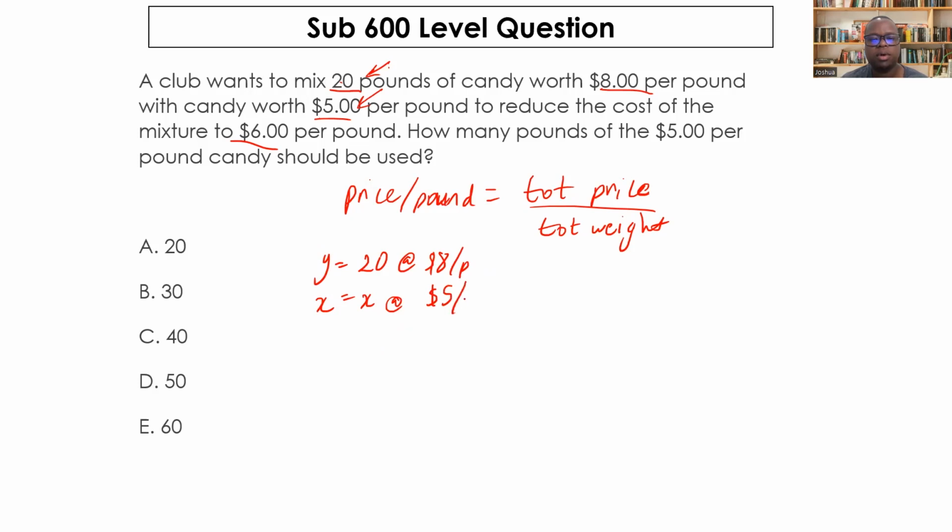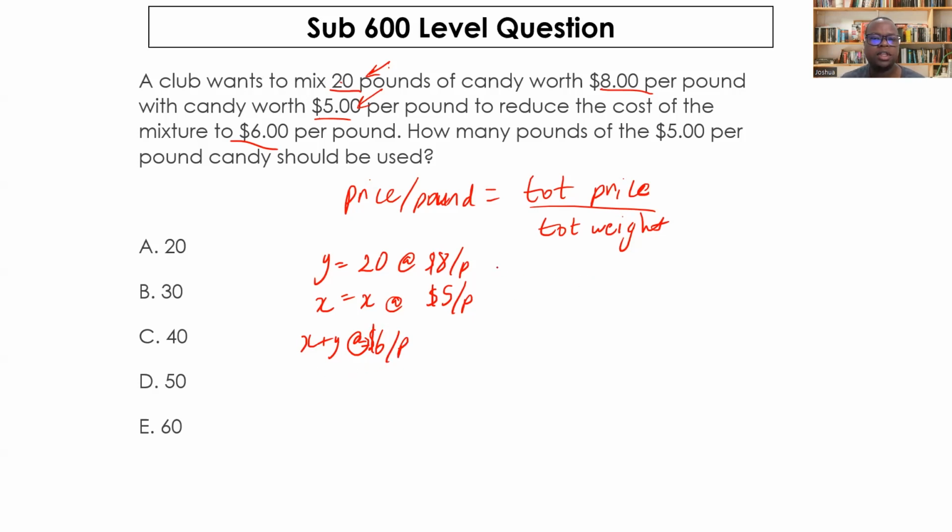Then you have a target of x plus y at $6 per pound, right? That's what we need to have.